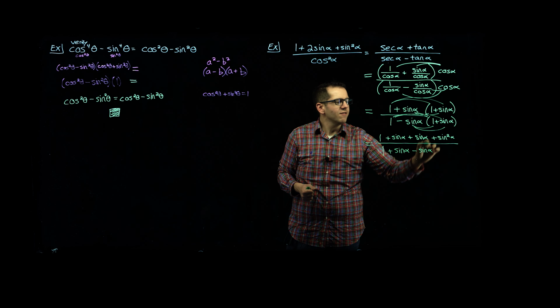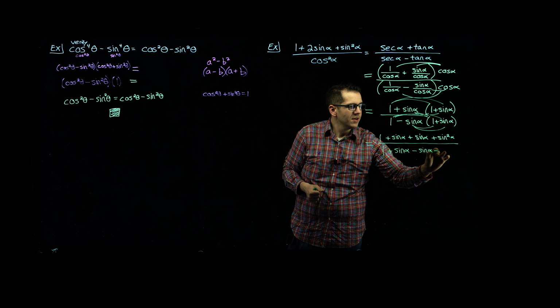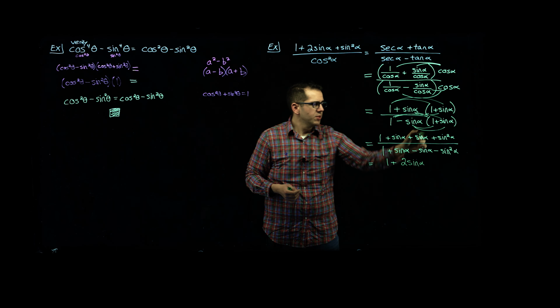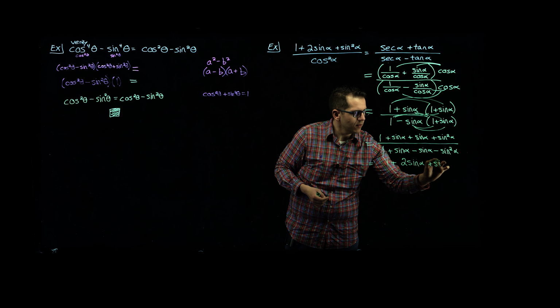And negative sine of alpha times sine of alpha is negative sine squared alpha. Which when we simplify the numerator, we get 1 plus sine of alpha plus sine of alpha. Those are like terms. They'll combine to give us 2 sine of alpha plus sine squared alpha.